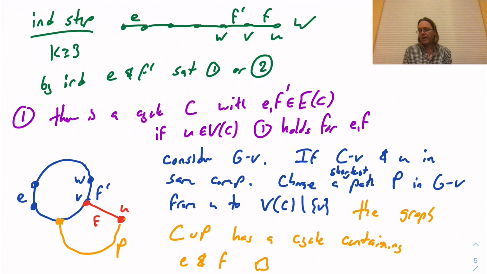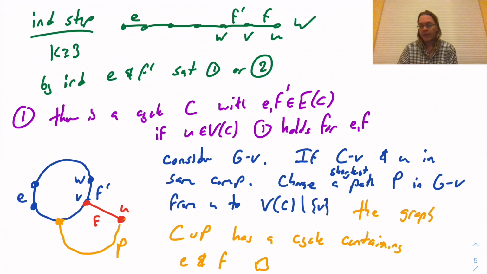If there's a cycle containing E and F prime, then we've got this sort of a cycle and just one little kind of hair sticking out, and we take advantage of that structure, right? So we delete the one vertex of degree 3 in that subgraph, our vertex V, and we ask, can you still get from U back to the cycle, back to what's left of the cycle?